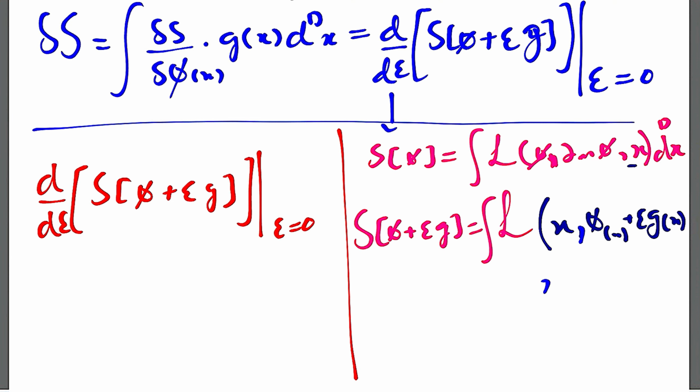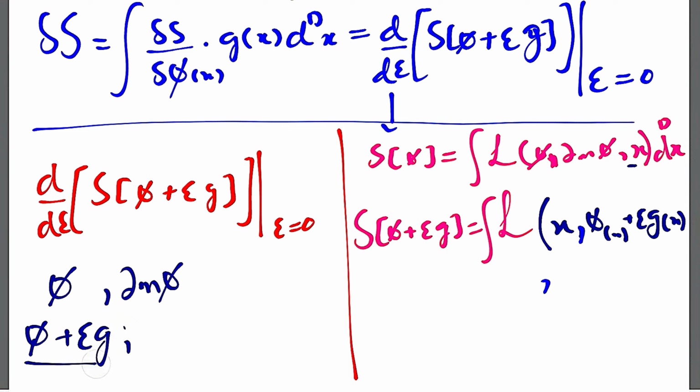delta m phi. So keep in mind that if phi was there, then it was the derivative of this phi field. Now phi has been changed to phi plus eg, hence it will be the derivative of this whole thing. So the derivative of phi plus e, which is a constant, so it will come outside, and the derivative of g is delta m.